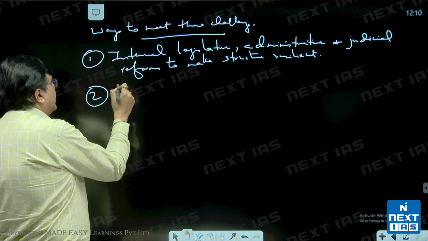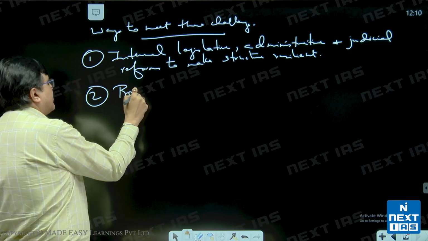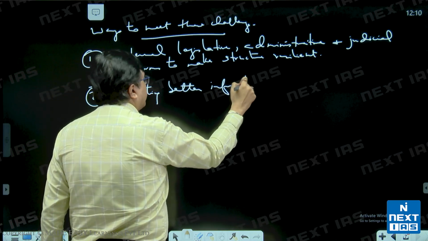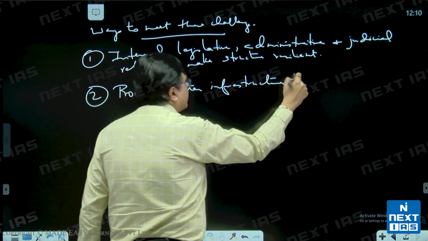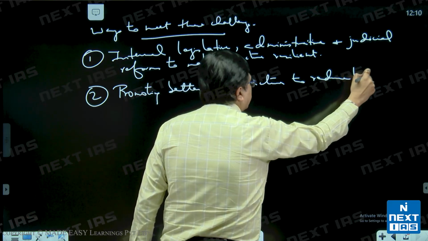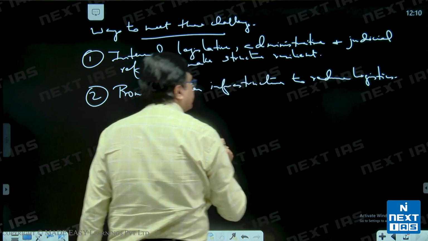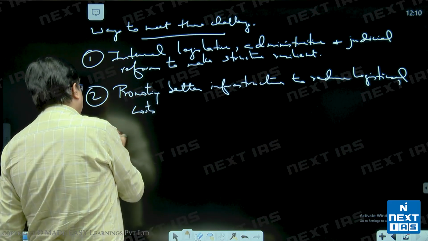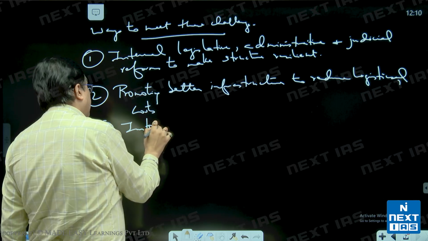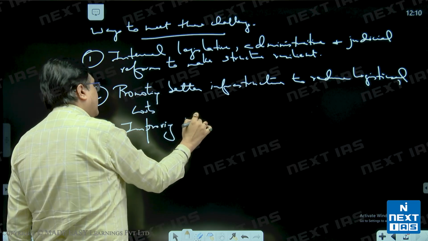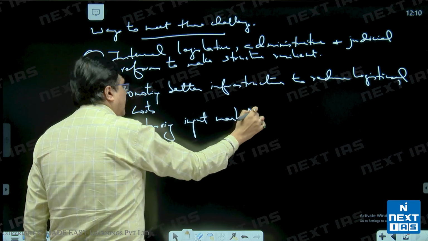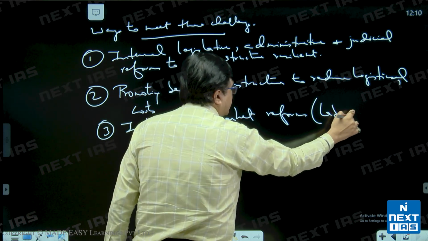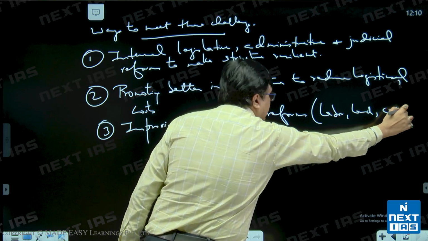Second is promoting better infrastructure to reduce logistical costs. Third, improving input market reforms. Input market means labor, land, capital.